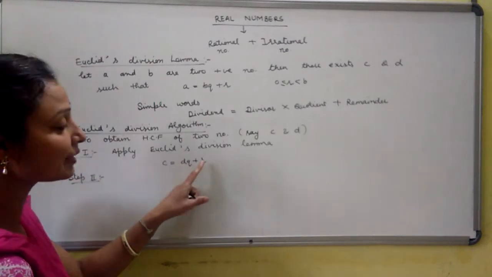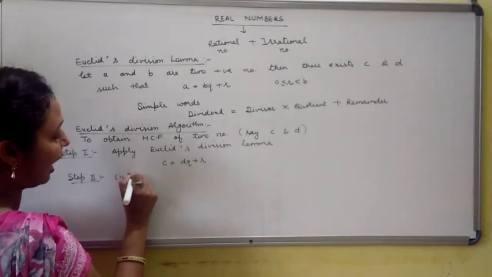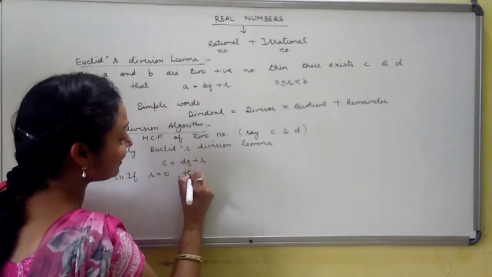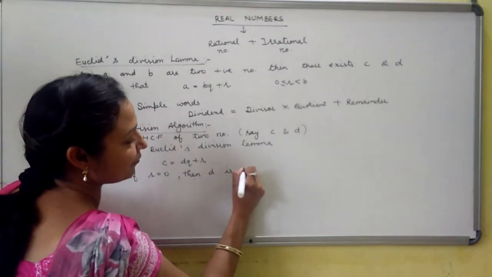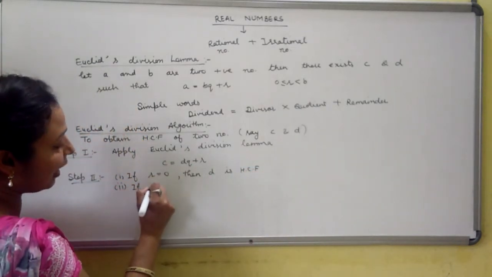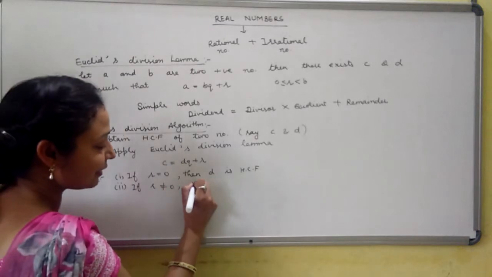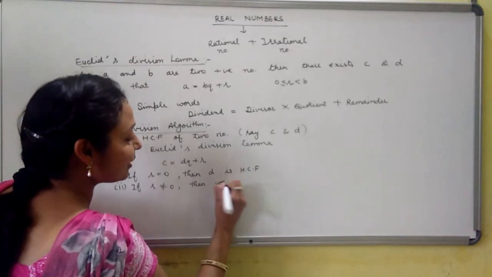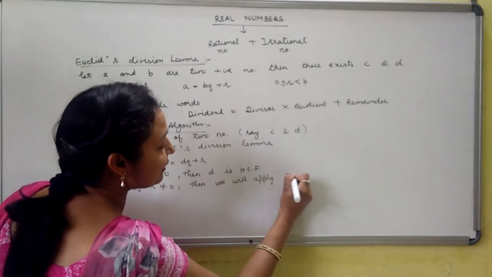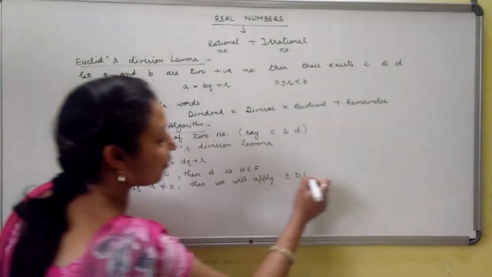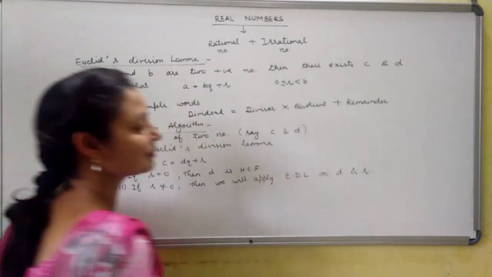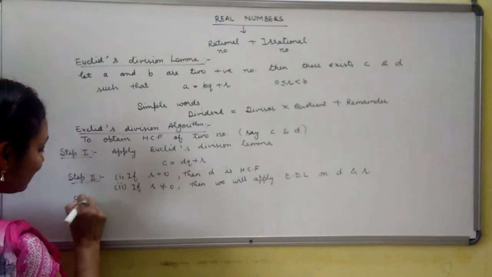If R is equal to 0, then D is the HCF. And the second case, if R is not equal to 0, then we will apply Euclid's division lemma on D and R.